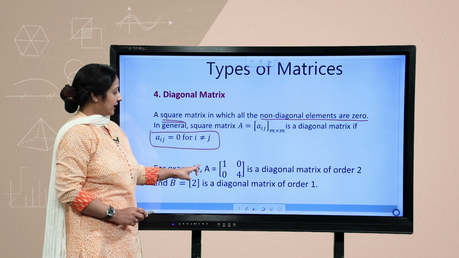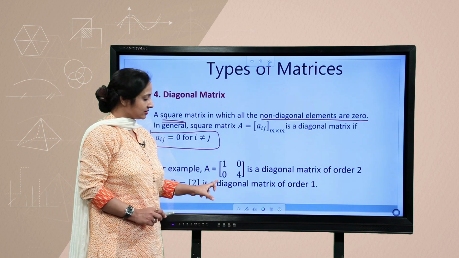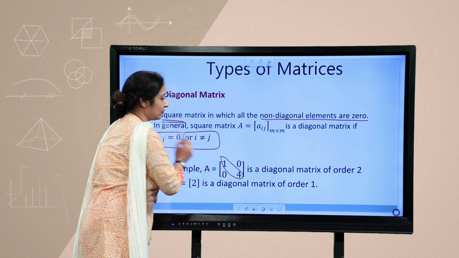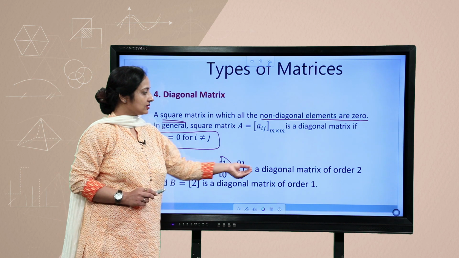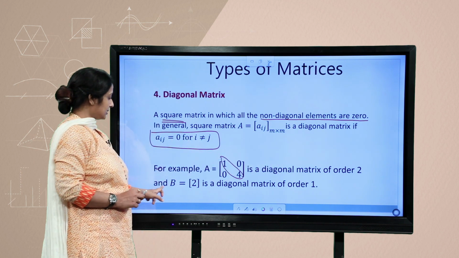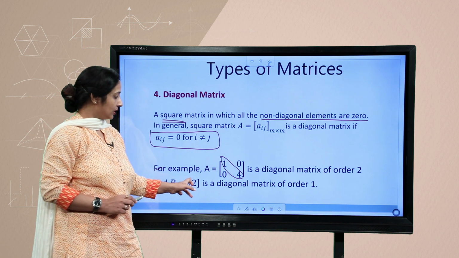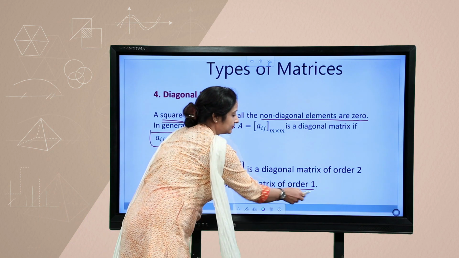For example, if I take this square matrix A having elements 1, 0, 0, 4, these diagonal elements are 1 and 4 and non-diagonal elements are 0. So this is a matrix of order 2. Similarly, matrix B consisting of a single element 2 is also called a diagonal matrix of order 1.